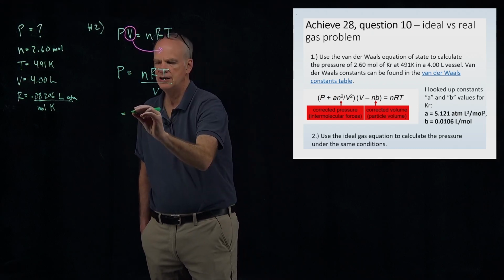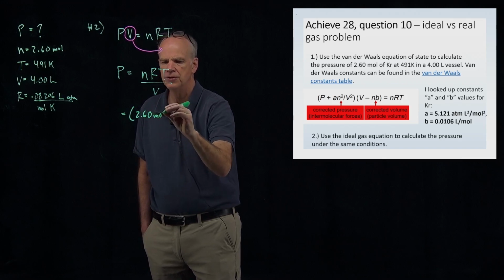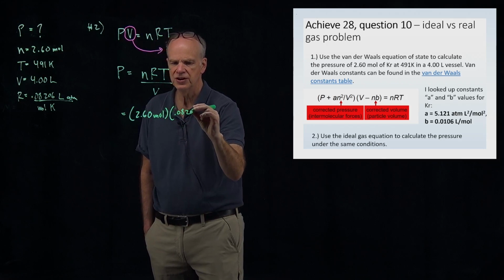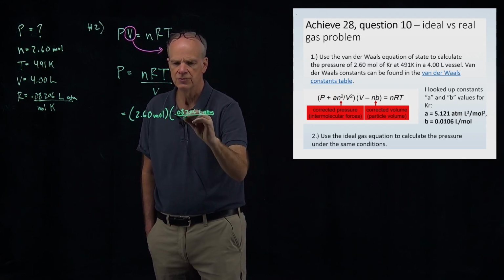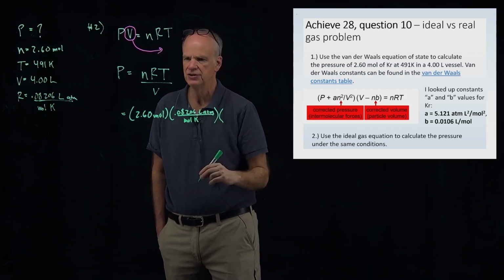Okay, so at this point, let's just go ahead and plug in numbers. N is 2.60 mole. R is 0.08206 liter atmospheres over mole K. And let's see, temperature is given to us in Kelvin, so that helps.